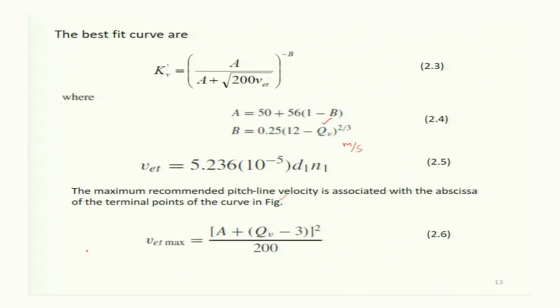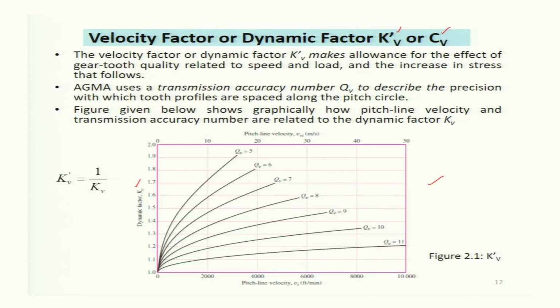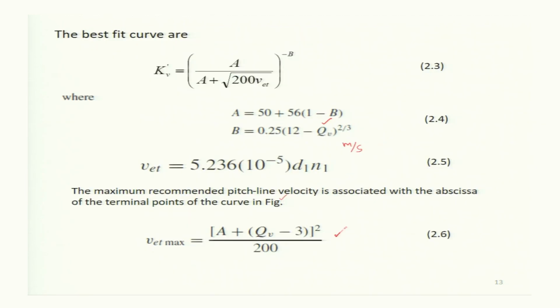Okay. So the maximum recommended pitch line velocity is associated with the abscissa of the terminal points of the curve in the figure, and the maximum value of pitch line velocity will be obtained for a particular quality value with the help of this formula.